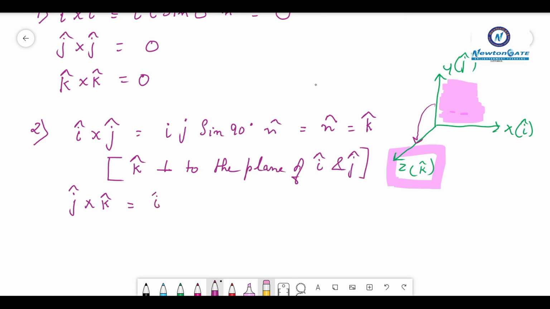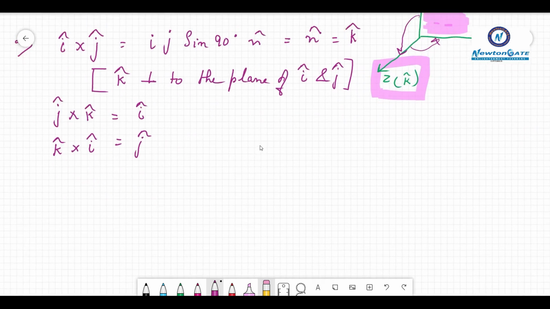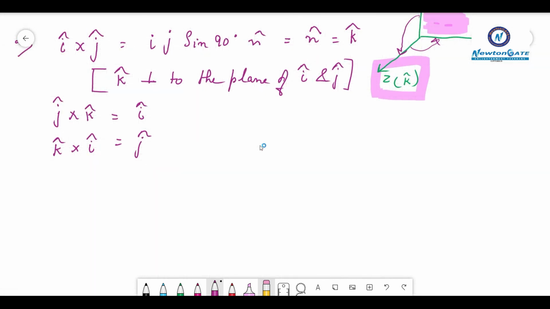So I will write it as i cap. Now next is k cap cross i cap. What is perpendicular to this plane? j cap is perpendicular to this plane. So i cross j, j cross k and k cross i, we found them to be k, i and j respectively.